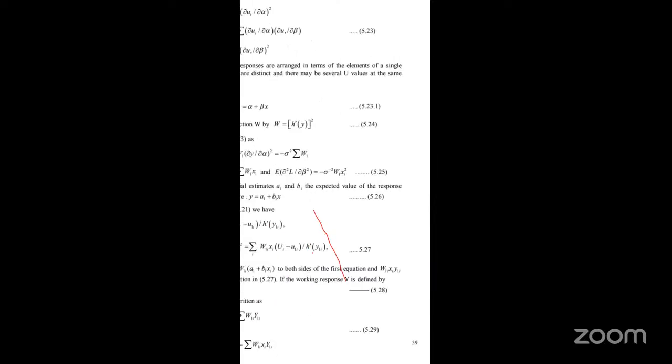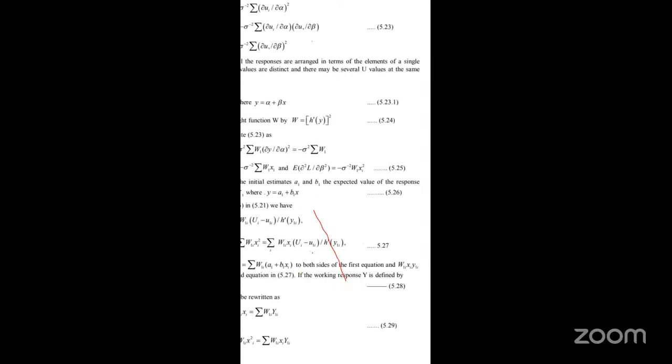We assume that all the responses are arranged in terms of the elements of a single vector. This does not mean all x values are distinct, and there may be several u values at the same dose level x, where ∂u/∂y = h(y) with y = alpha + beta x, and define the weight function w = u h(y)².